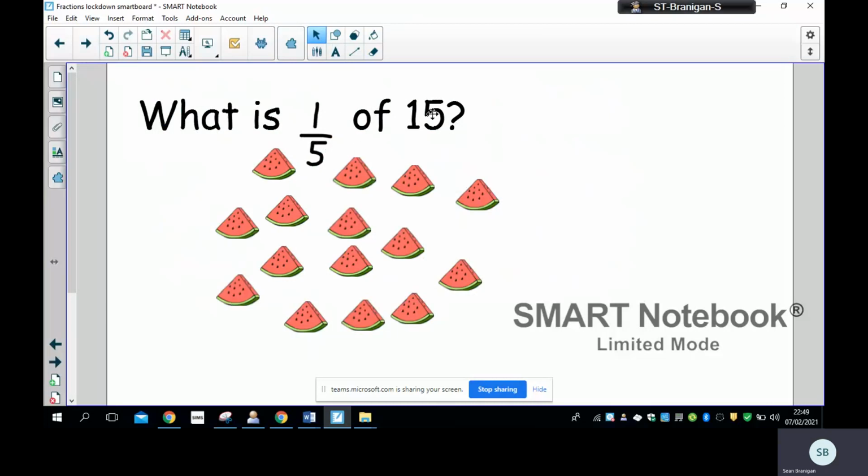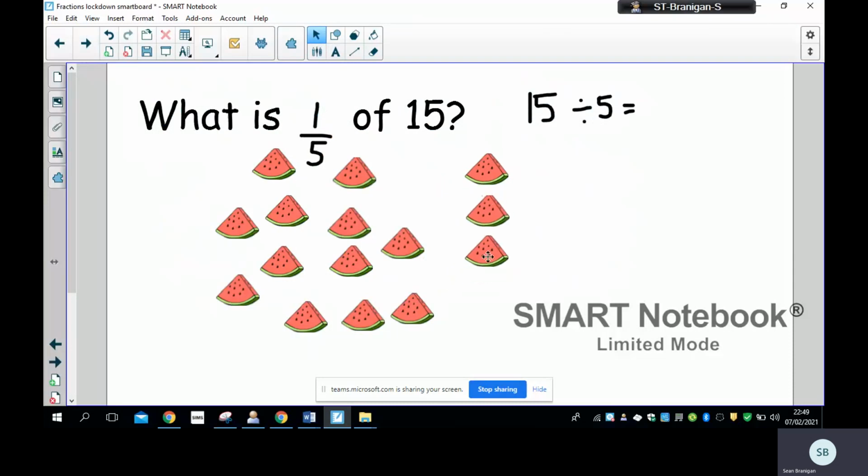So I've got to split the number 15 into 5 equal groups, and I'm trying to find out how many is in one of those groups. Start by splitting them into 5 equal groups.